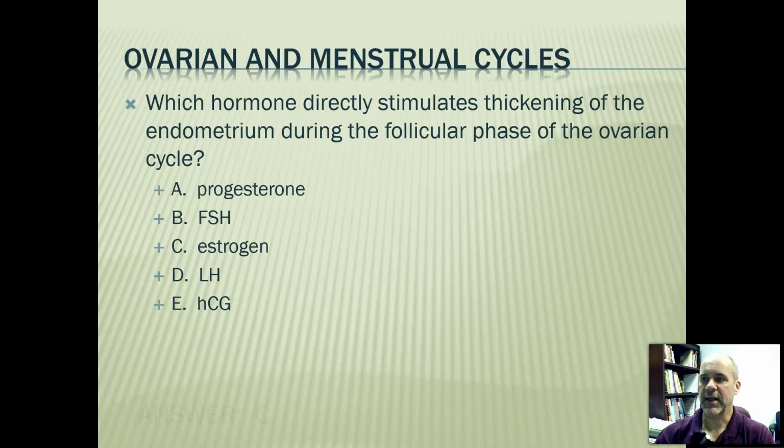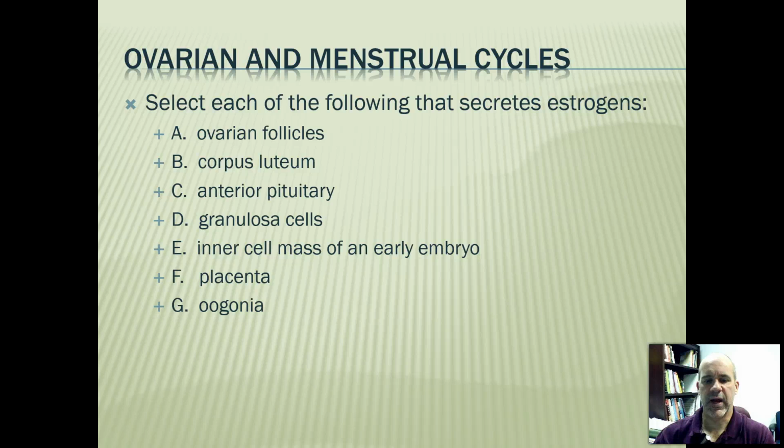And if you go back and look, that's going to be estrogen, because the cells in the follicle, your granulosa cells, are secreting this estrogen, and one of its targets is the inside lining of the uterus, and it stimulates it to become thicker, and blood vessels to grow into it, and those glands that are going to produce the nourishing fluids for an early embryo if it attaches. All of those things are happening due to estrogen.